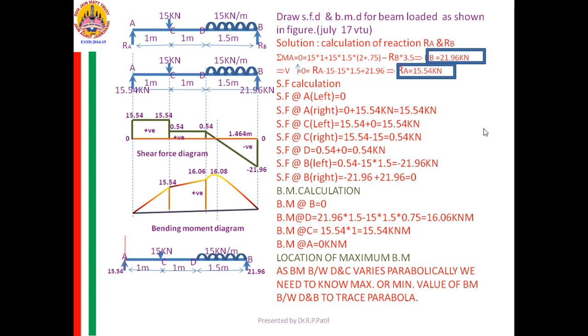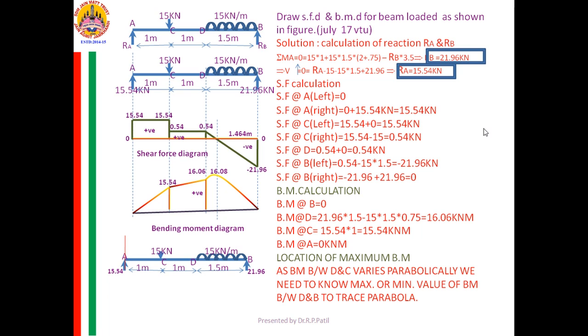If the shear force is constant, it indicates the bending moment is changing linearly. Linearly means a straight line. Therefore, I am joining it by means of a straight line. Now comes the important point, which will be expected in the examination. Usually, they will ask you to complete the shear force and bending moment diagram with important points on it. He won't tell you the important points; you need to decide.